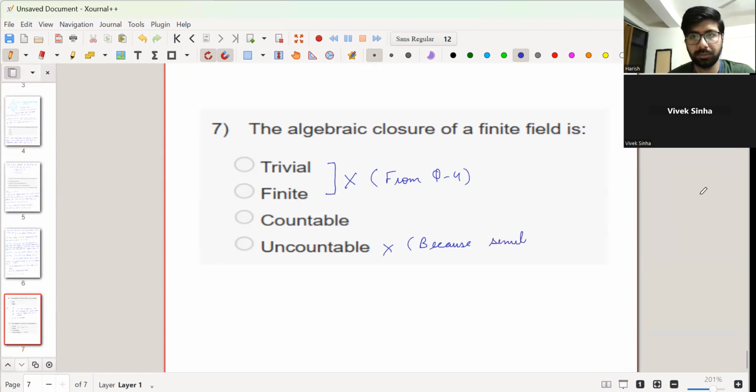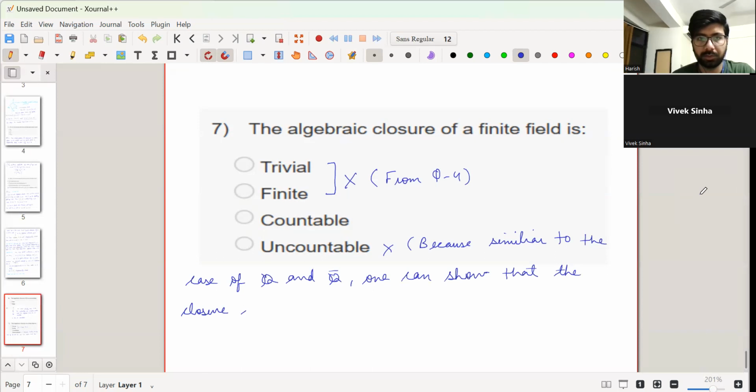similar to the case of Q and Q closure, one can show that the closure of any field has countable degree over that field.